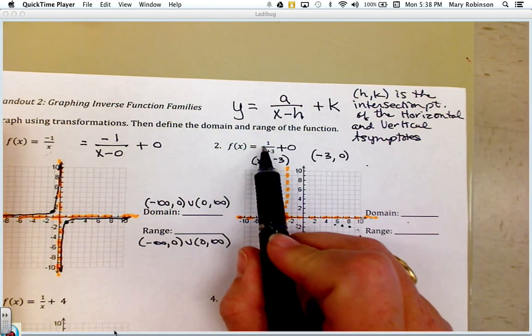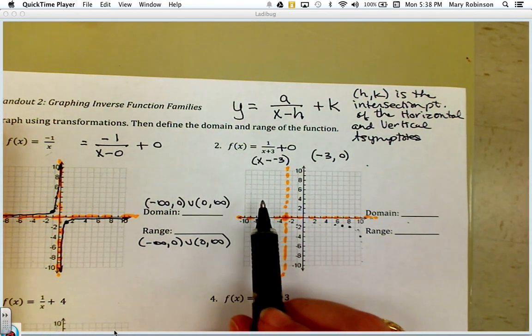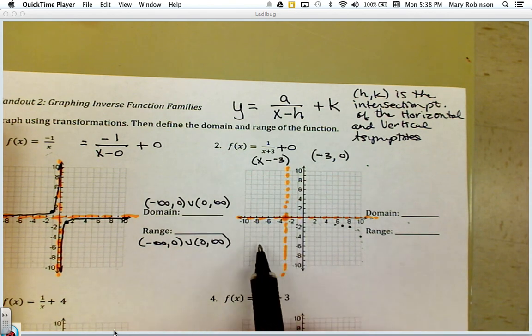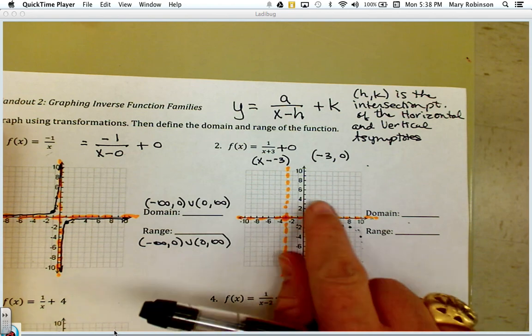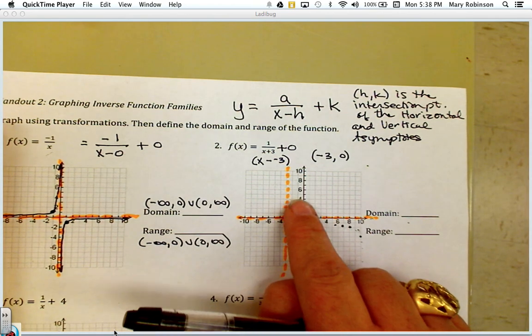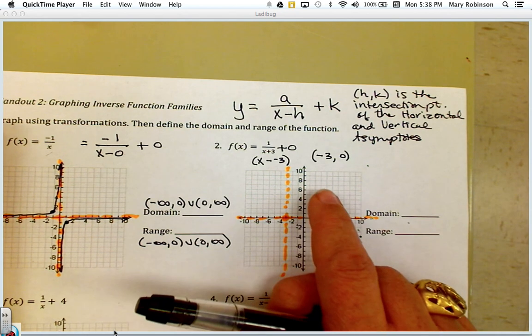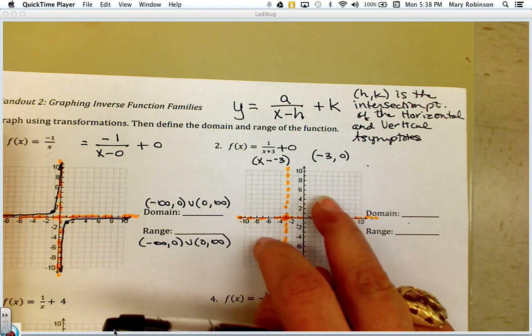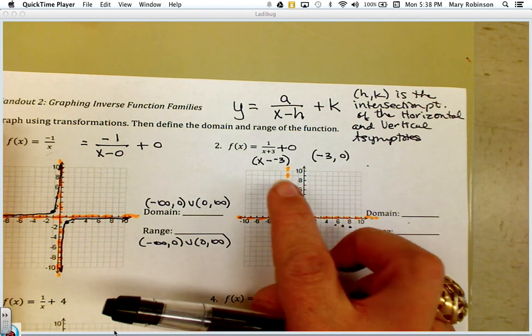If there is a negative up top, then that tells you to use quadrants 2 and 4. If it's positive, then you're going to use quadrants 1 and 3. So think, even though this isn't technically quadrant 1, think of it as the quadrant being divided by your asymptote. So this would be the upper right side and the lower left are the two regions that you need to use to graph.